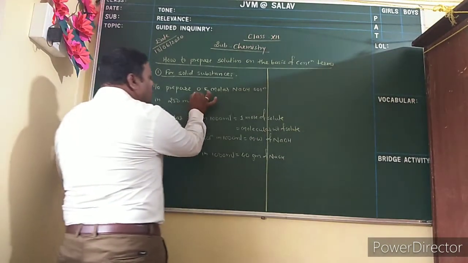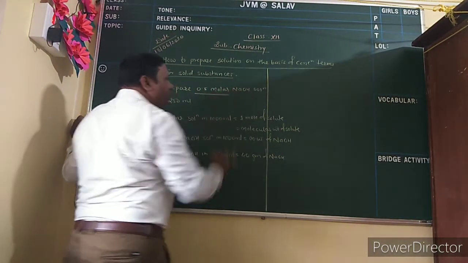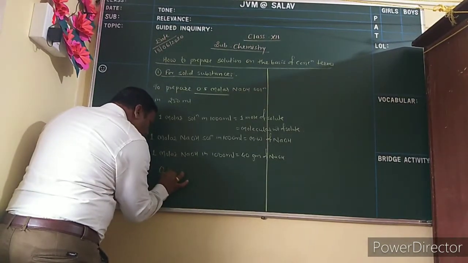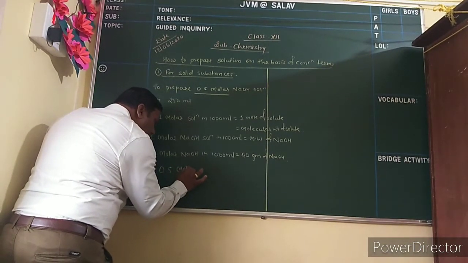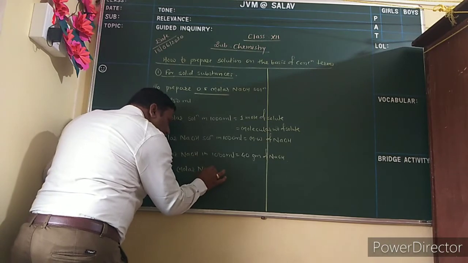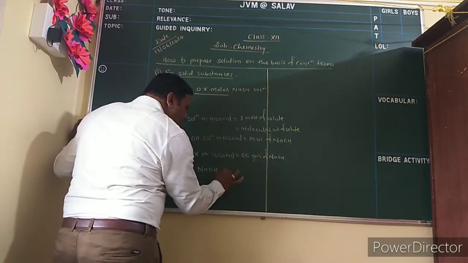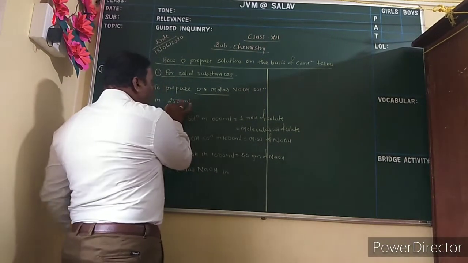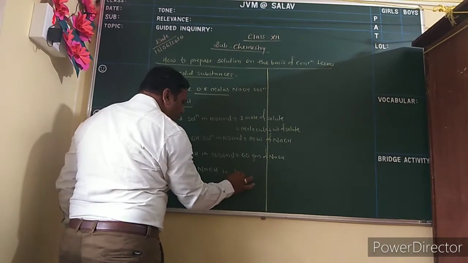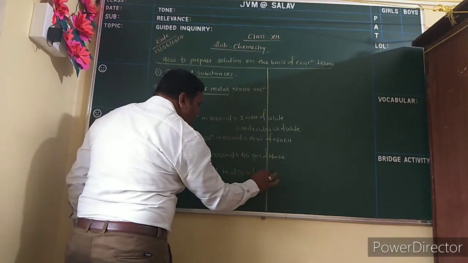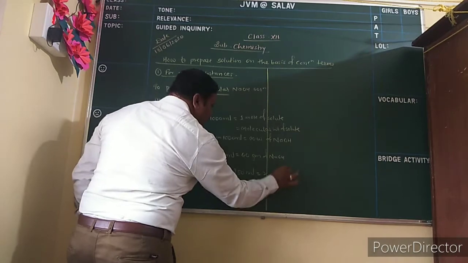So here what will be the concentration? 0.5. So 0.5 molar NaOH in how much ml? 250 is equal to x gram.